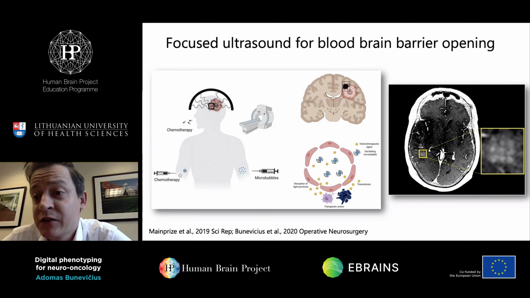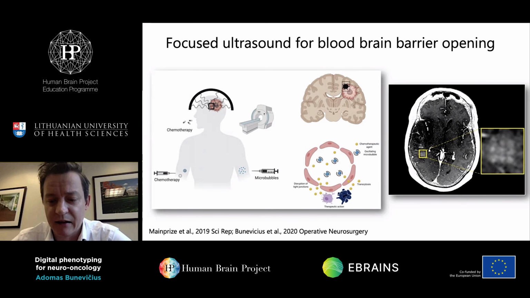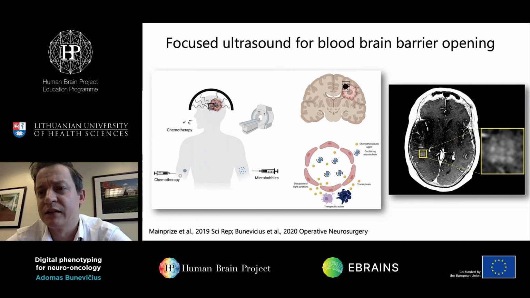It's also still in the phase of clinical trials. It's still not a standard of care, but it's one of those promising treatments from the neurosurgical field. And some patients were treated, however, in small proof of concept trials.